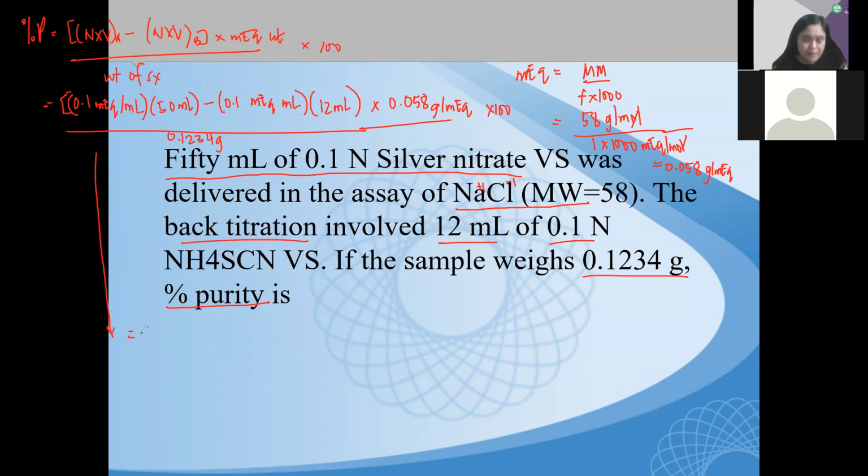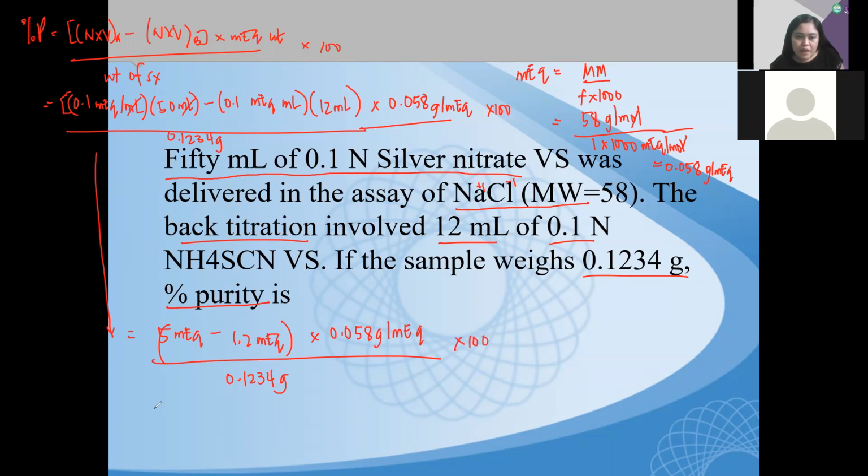0.1 times 50 is 5. Cancel the mL, only MEQ remains. 0.1 times 12 is 1.2 MEQ. And then times 0.058 grams per milli-equivalent divided by 0.1234 grams times 100.